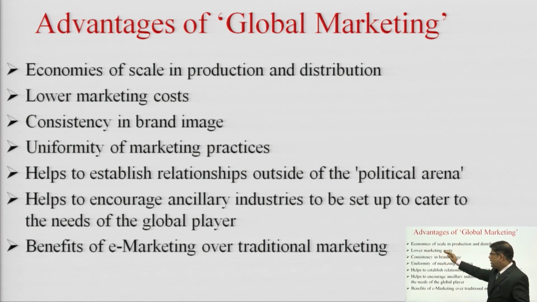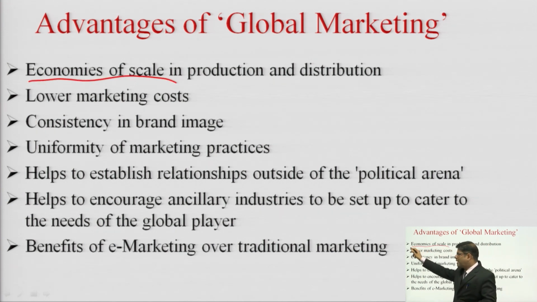one of the advantages of global marketing is economies of scale. Now, what exactly is meant by economies of scale? When the company is doing marketing on a global scale, it means it has to make the product available to consumers worldwide. So, it will have to produce a huge quantity of products.